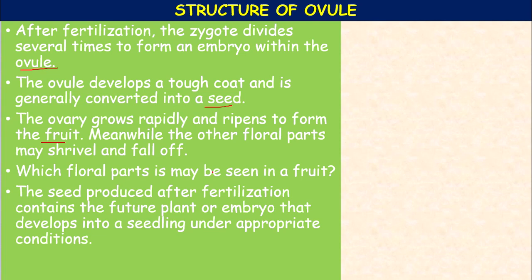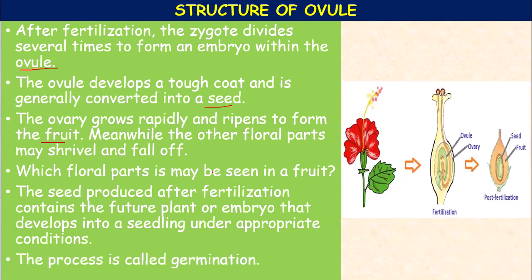Moisture, air, light, appropriate conditions. Okay, so you can see the seed develops into a plant, then the plant matures to flower.